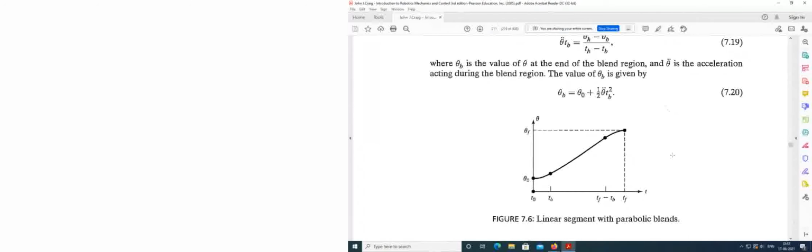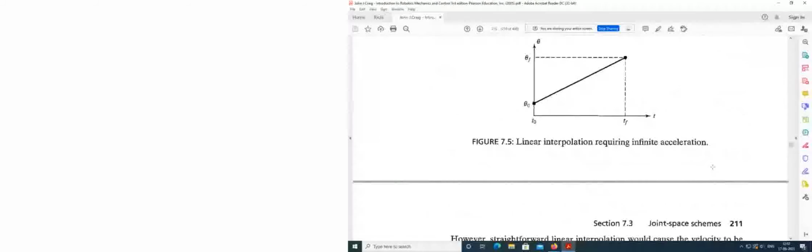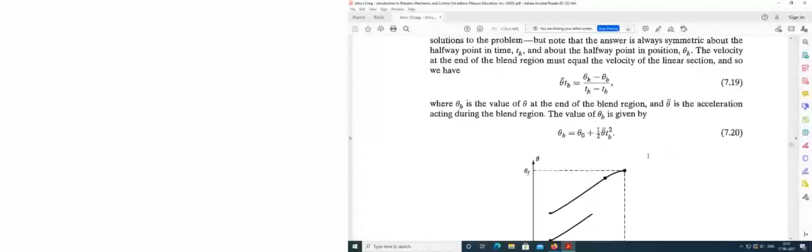Now for this function there will be some coefficients and we need to identify those coefficients. Let's see how to identify them.